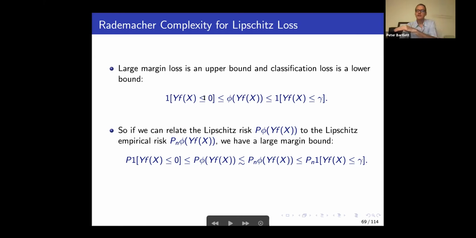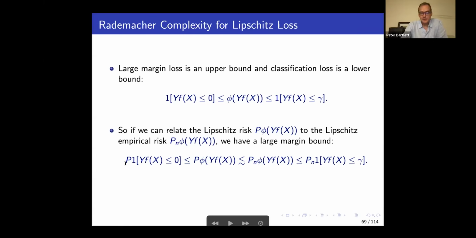So the piecewise linear Lipschitz function lies between the indicator of making a mistake and the indicator of having a margin that's not bigger than gamma. So we can use this fact to get an upper bound on this quantity in terms of that quantity. How do we do it?